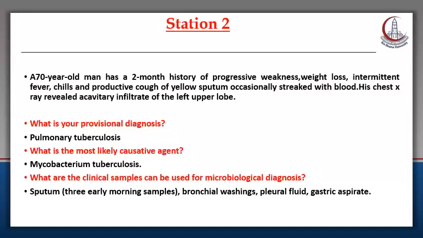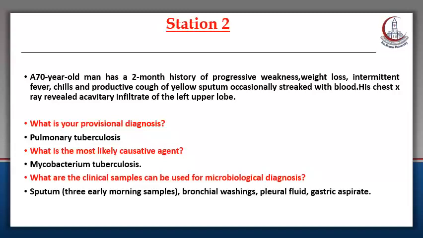What clinical samples can be used for microbiological diagnosis? Remember, it's the first step for the laboratory diagnosis. As we discussed in the first presentation, the sample for the diagnosis of pulmonary tuberculosis is sputum.